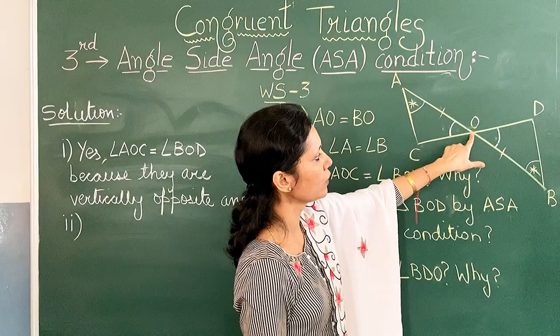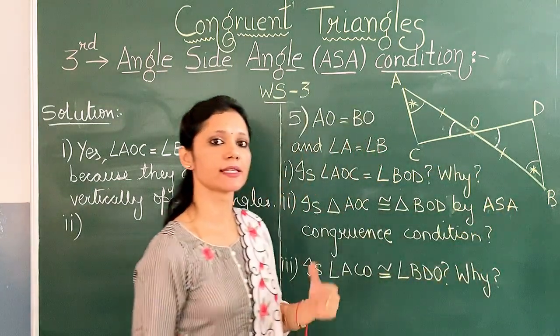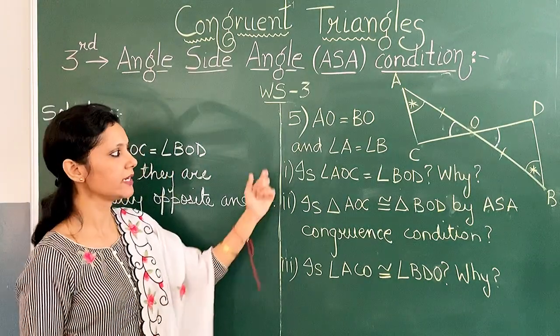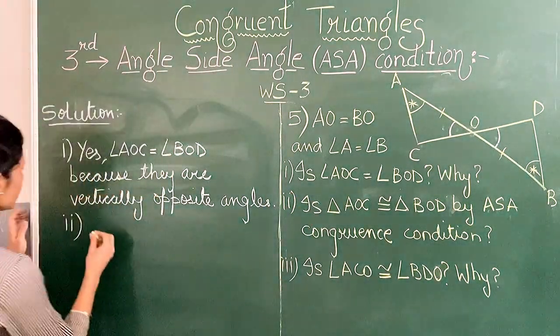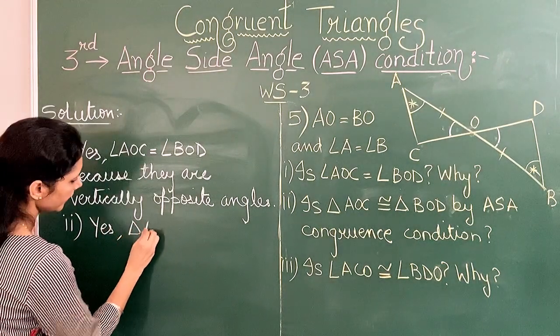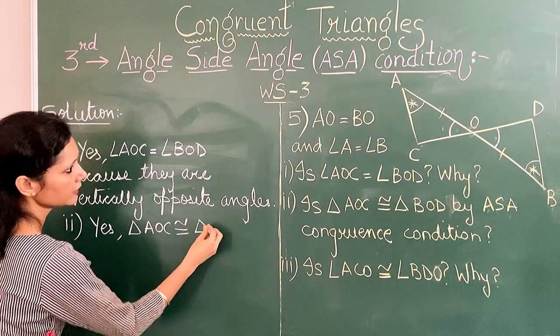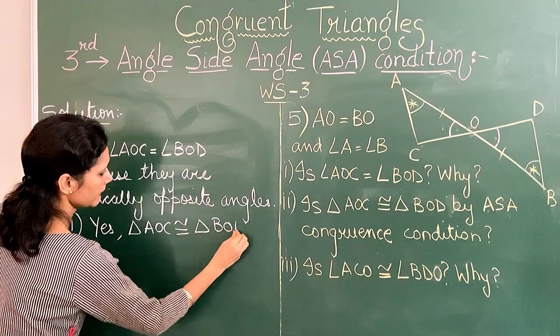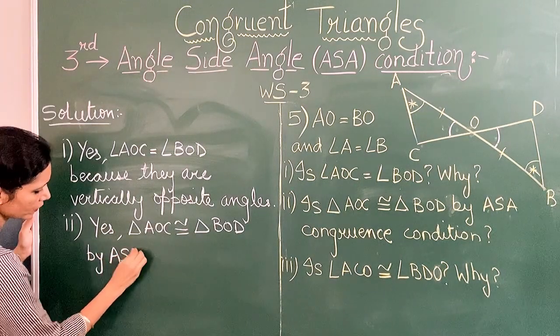This side AO is also equal to OB, that is given in the question. So yes, since all the three conditions are satisfied, the two triangles are congruent by ASA congruency condition. So we would say yes, triangle AOC is congruent to triangle BOD by ASA congruency.